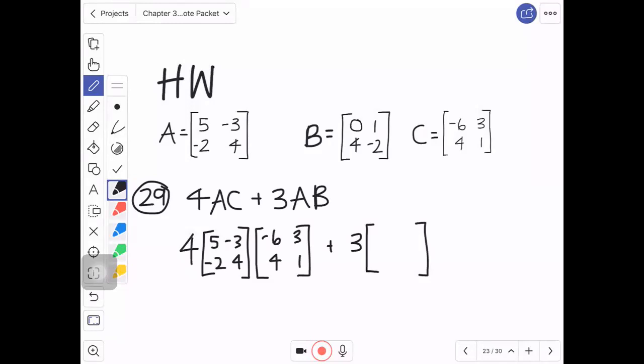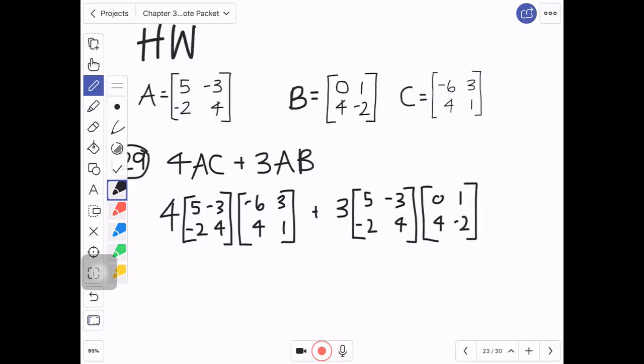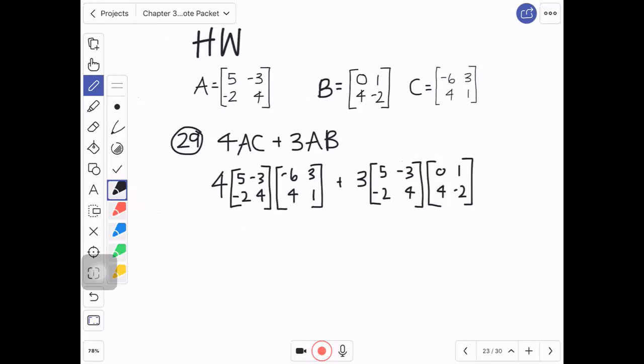Leah? Good. And so then after this, I left my scalars out front and I multiplied these matrices first in both of them. You can put the scalar into your first one if you want.